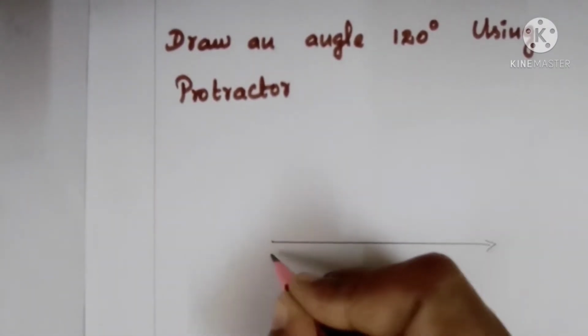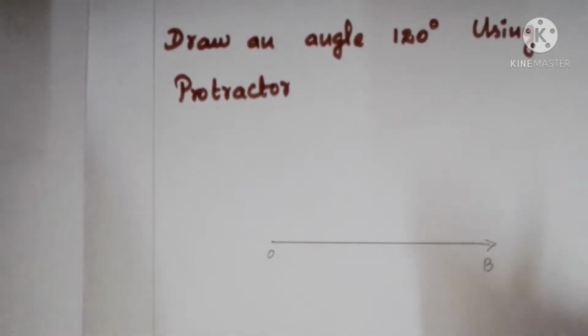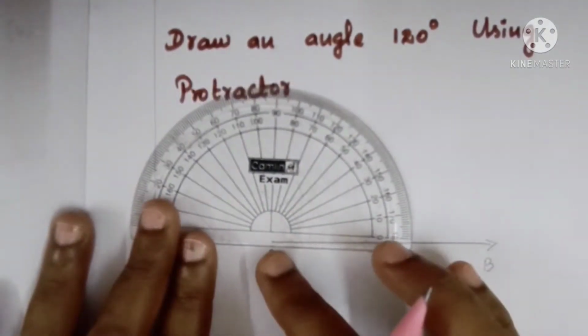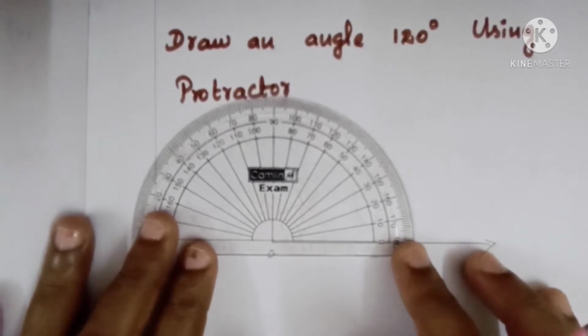Name it as O and B. Place the protractor at the point O and its base coincides along OB.